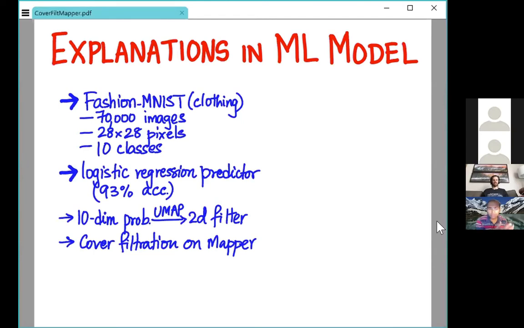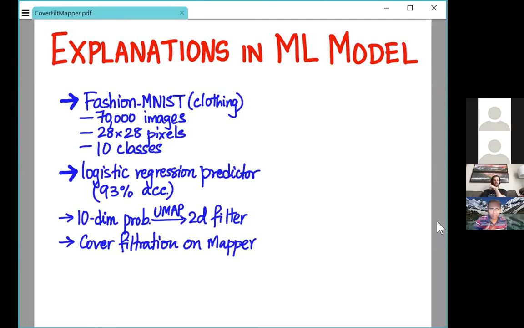And we're trying to see how this model has learned these 10 classes. So we could use a 10-dimensional filter. Here, there might be covers or distances directly available. This is not the same setting as the movie recommendations, where things are really abstract. But we still wanted to be able to visualize things.